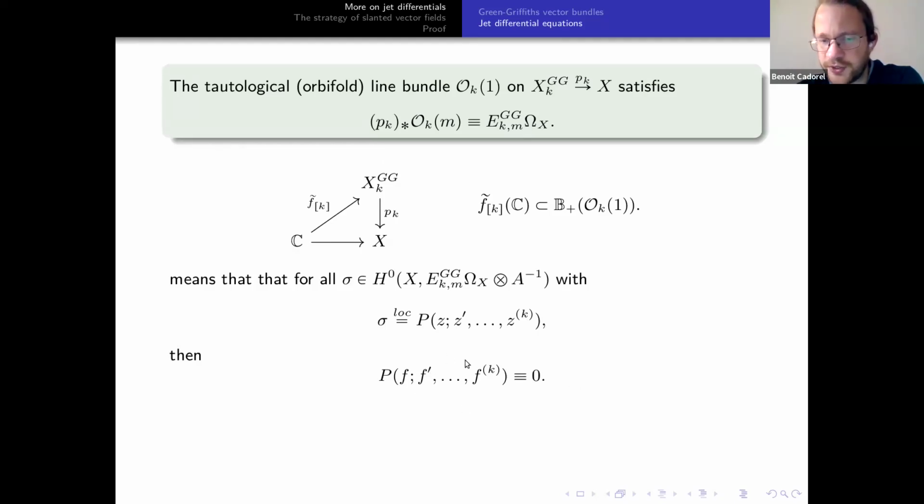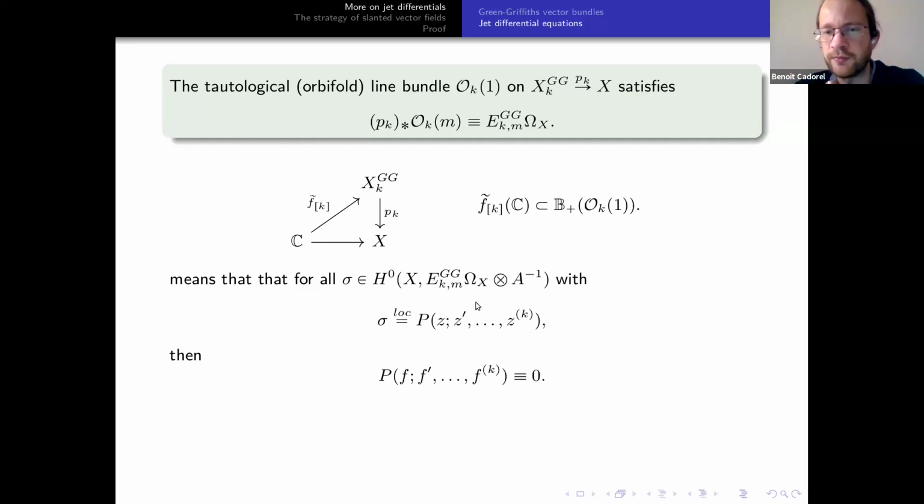And so this must vanish identically on C. Well, it gives you a local way of writing this application of P to your f tilde. But if you look at it on the entire C, then it must be zero identically.